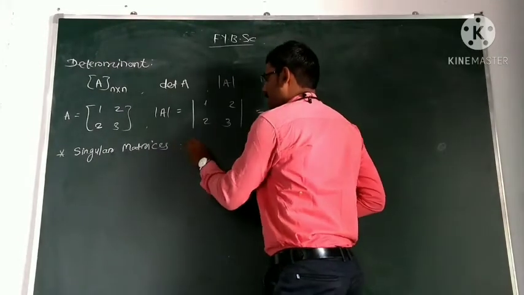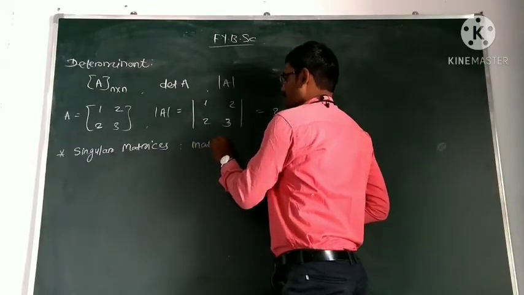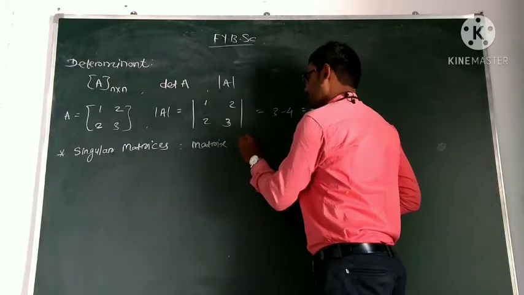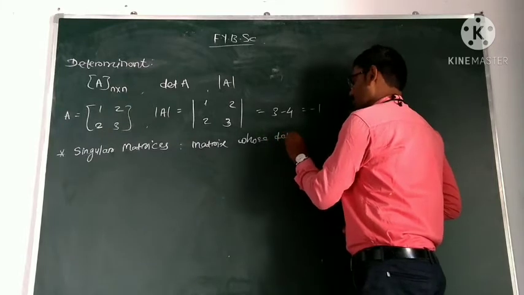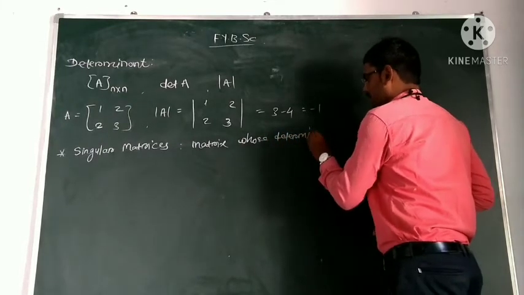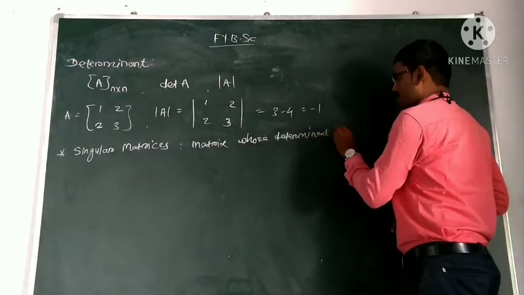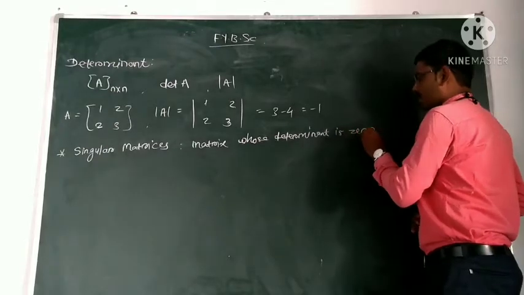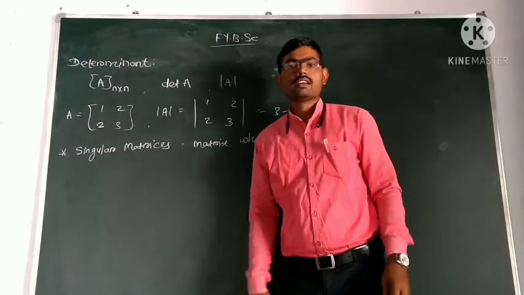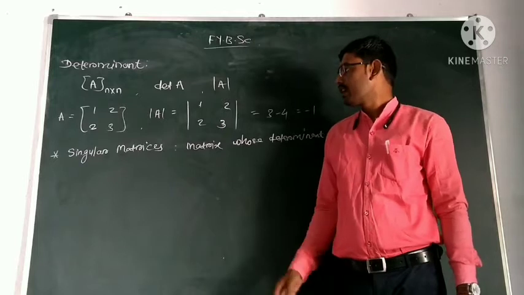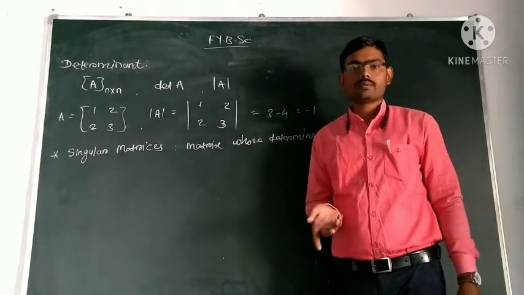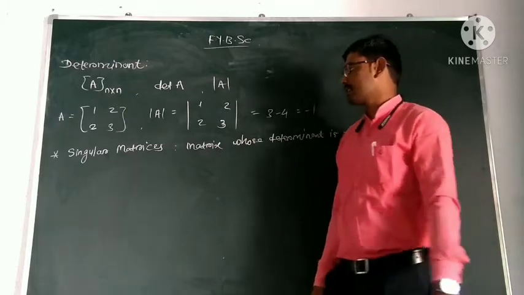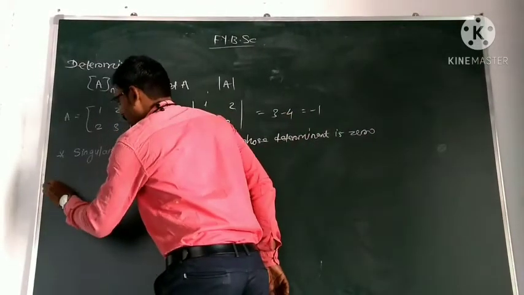The matrices whose determinant is equal to 0 are called singular matrices, and matrices for which the determinant is not equal to 0 are called non-singular matrices.